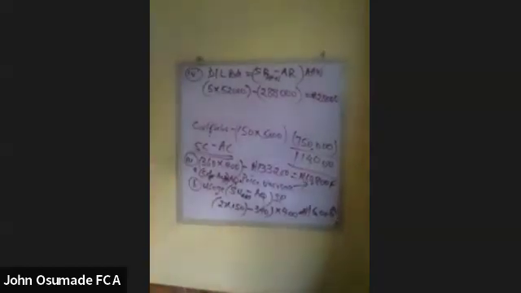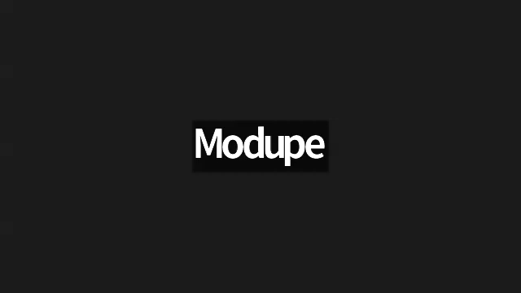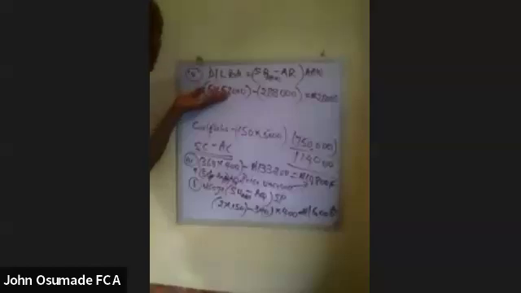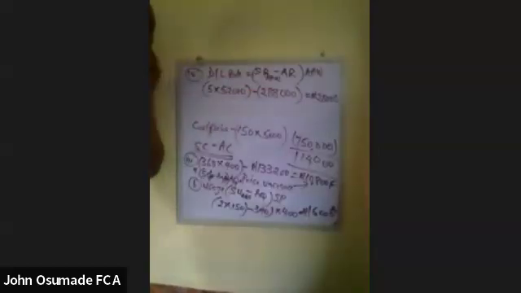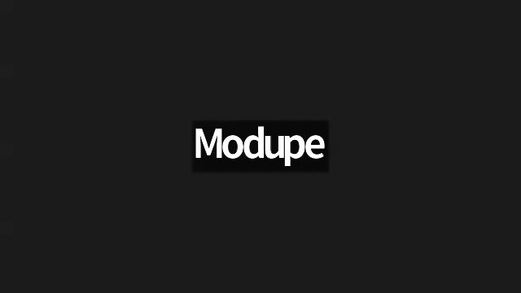Now, is it adverse or favorable? We budgeted or planned this amount, but we paid more. 288, we paid more.